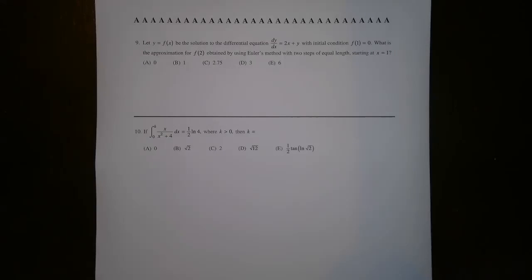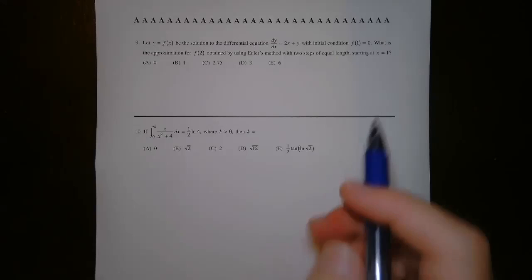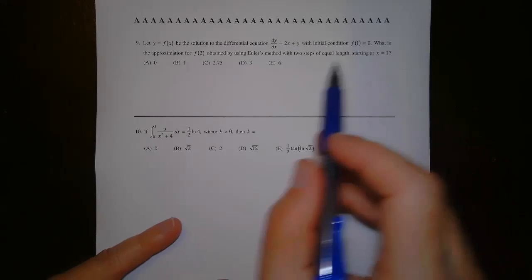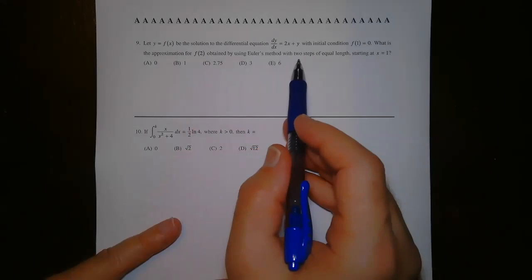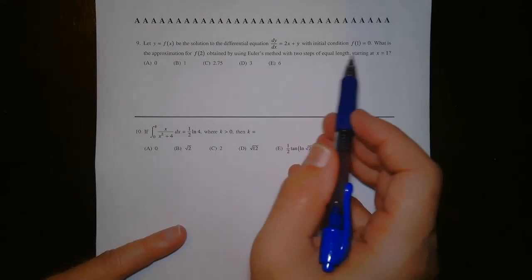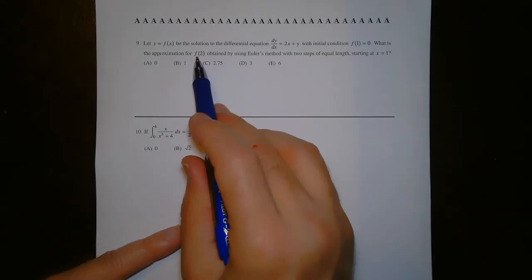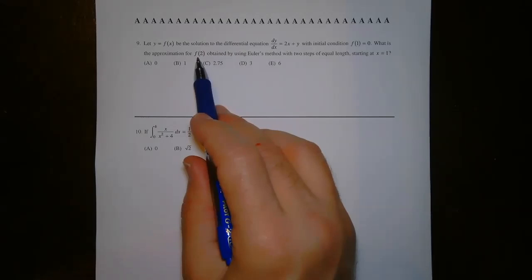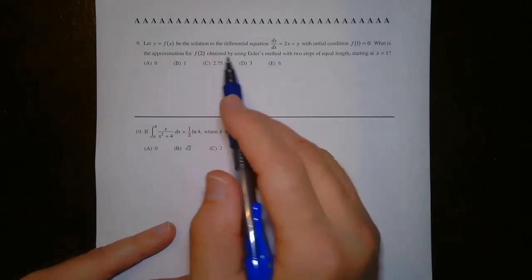Okay, so this next problem is an Euler's method problem. We're going to start at x equals 1, and we want to obtain f of 2, and we want to do it in 2 steps. So to go from x equals 1 to x equals 2, our delta x needs to be 0.5, okay?